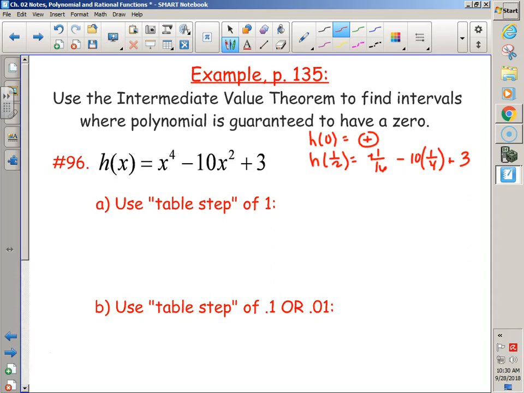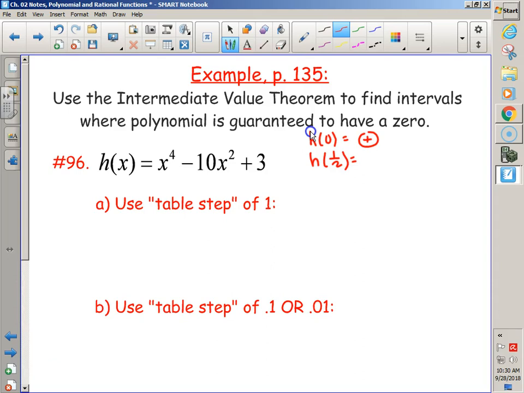Maybe it doesn't have any zeros. Wait, what if I was to plug in something a little bit bigger than 1/2? I could go 1, but 1's a positive also. That doesn't help. I need this number to be stronger than either of those two numbers, right? What if I was to do something like 2/3?